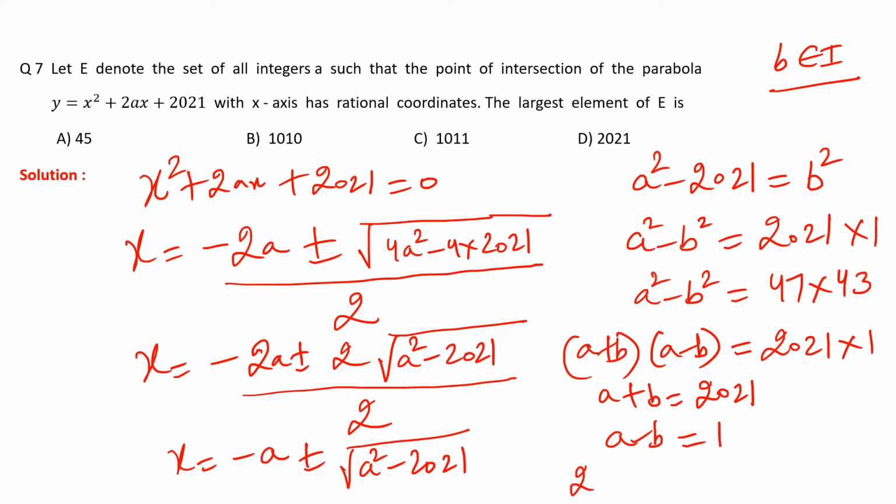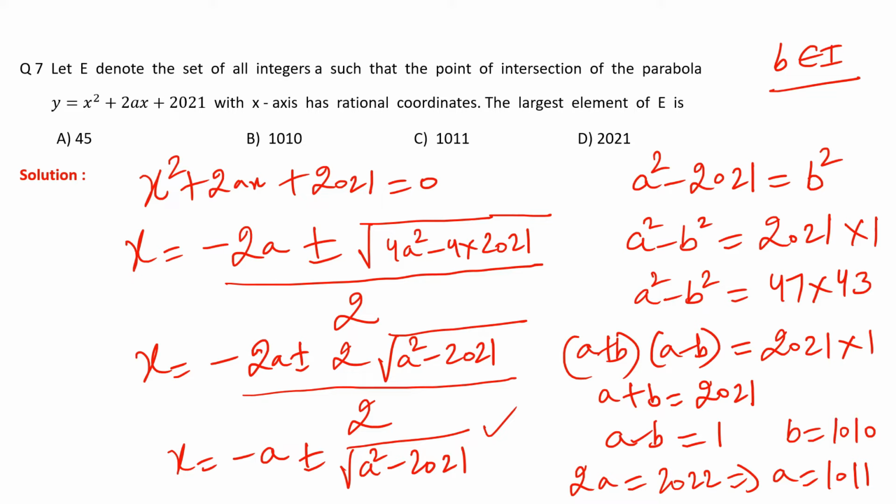If we add both of them, we get 2a as 2022, or from here a comes out to be 1011. That means b will become 1010. Or I can say for a equal to 1011, the value of b will be 1010. That means the value under the square root here will be 1010 whole square.